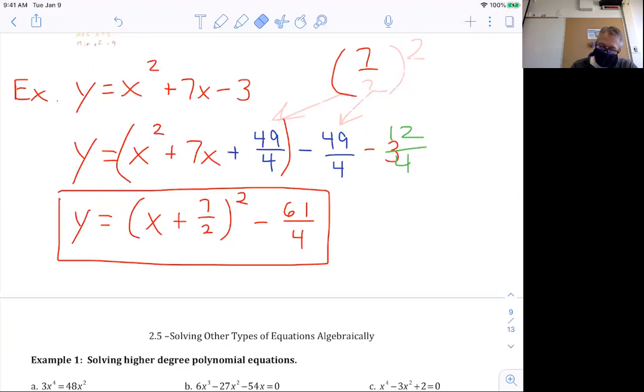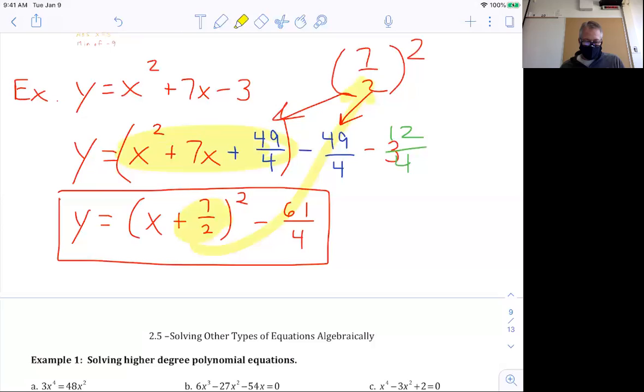Now, in the next step, let me put that back. In the next step, I then have to factor this, which seems a really daunting task. However, when you factor it, it always factors into x plus that b term squared.